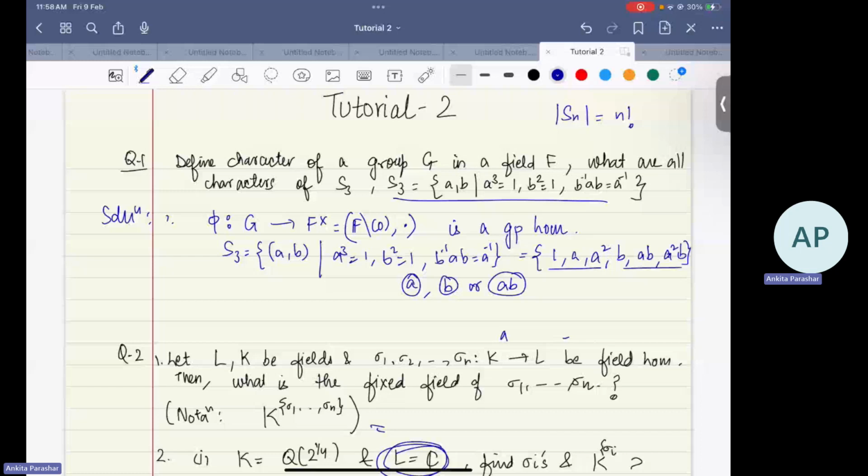Now, if we look at the set of all these elements, sigma 1, sigma 2, sigma 3, sigma 4, we want to know the fixed field of K with respect to the set containing all 4 sigma i's. Can you think of the element, sorry, all field homomorphisms sigma 1, sigma 2, sigma 3, and sigma 4?